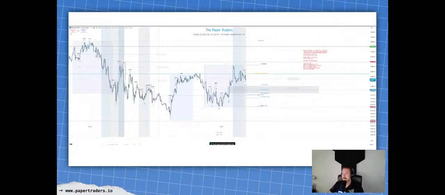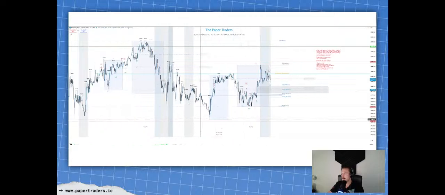There we go. All right, so looking on the 5-minute, as we discussed yesterday, price saw expansion during the Asian session, and the London session was a bit more like consolidation slash manipulation above the Asian session high.